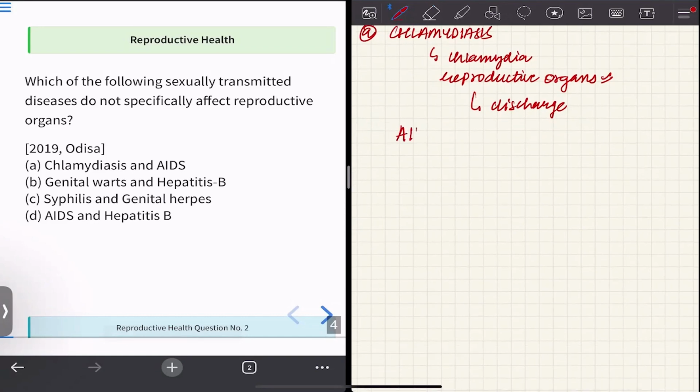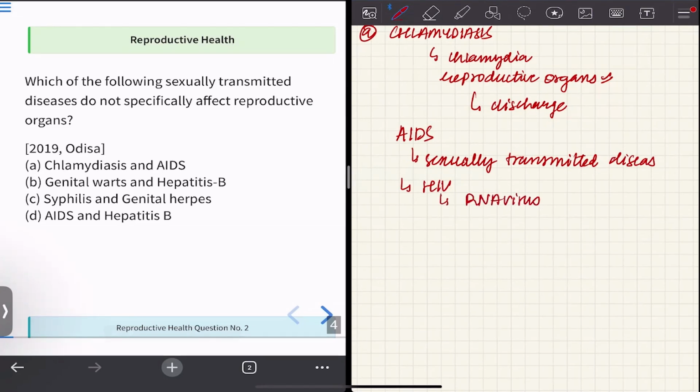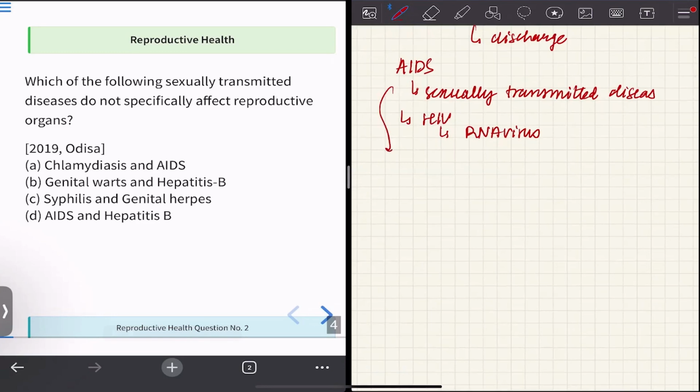Next, we have AIDS. Is AIDS a sexually transmitted disease? Yes, it is. And what is the virus involved? It is HIV, an RNA virus. But what does it affect? AIDS is acquired immunodeficiency syndrome.